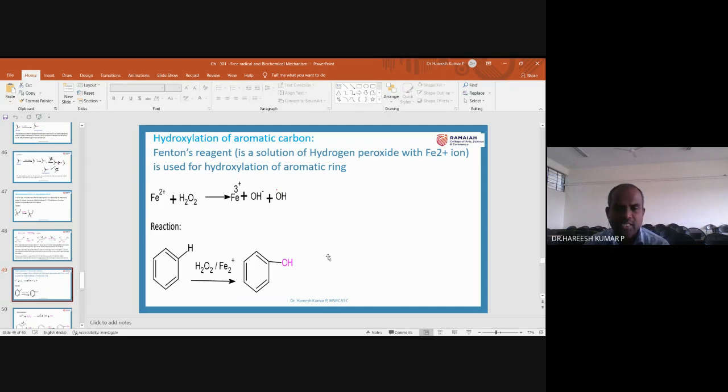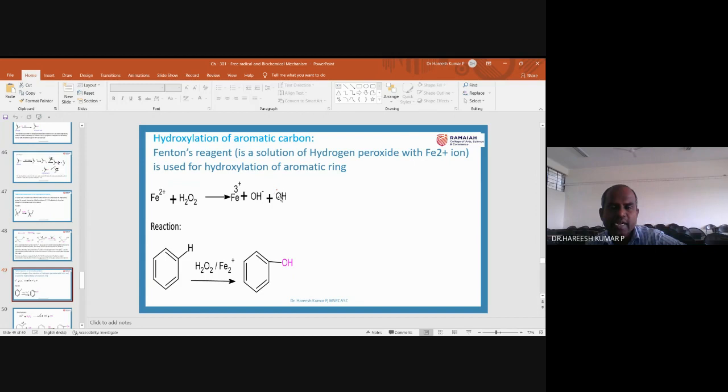So for this, the Fenton's reagent is hydrogen peroxide and ferrous ion. In this process, ferrous is giving an electron. The electron is used by hydrogen peroxide, which is converted into hydroxyl radical and hydroxyl anion.